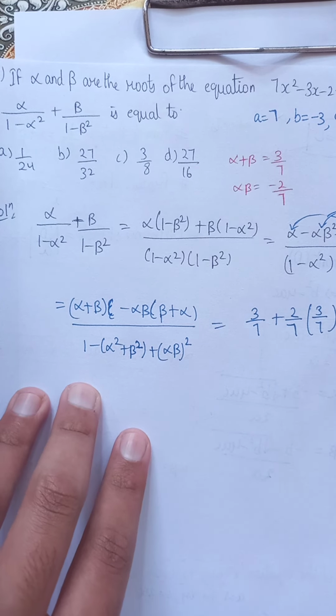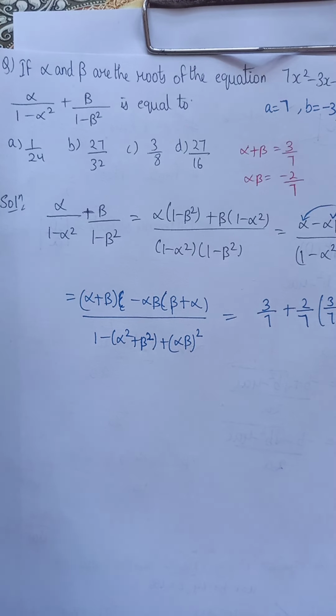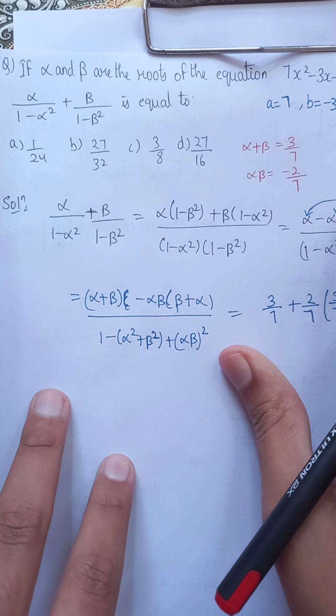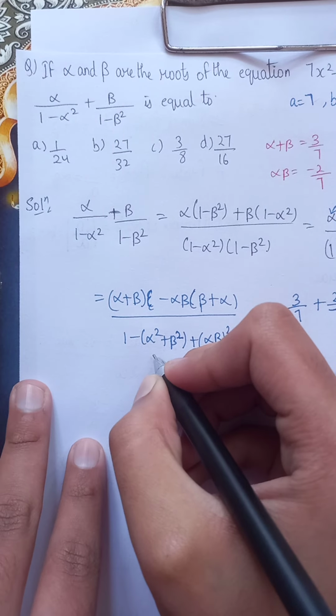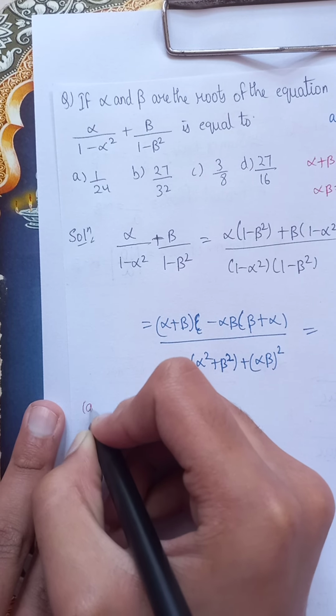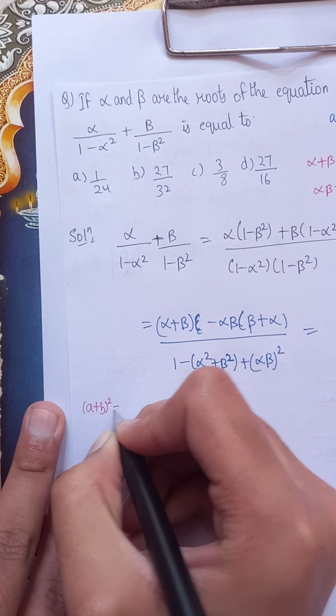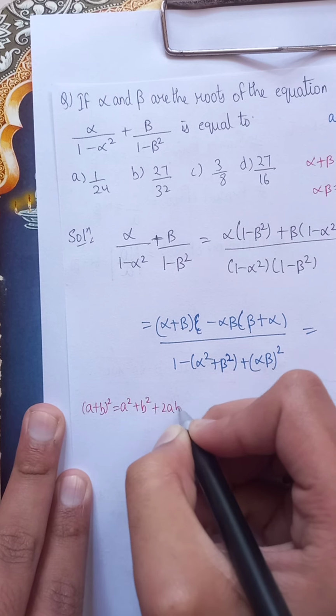Now before putting the denominator values, you can see this alpha square plus beta square. We don't know the value of alpha square plus beta square, we know only the value of alpha plus beta. So what you can do is, this is just like a square plus b square. You know that a plus b whole square is nothing but a square plus b square plus 2ab.